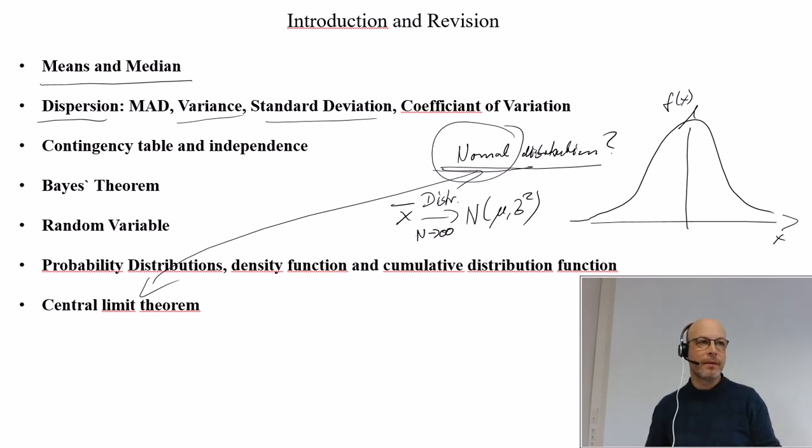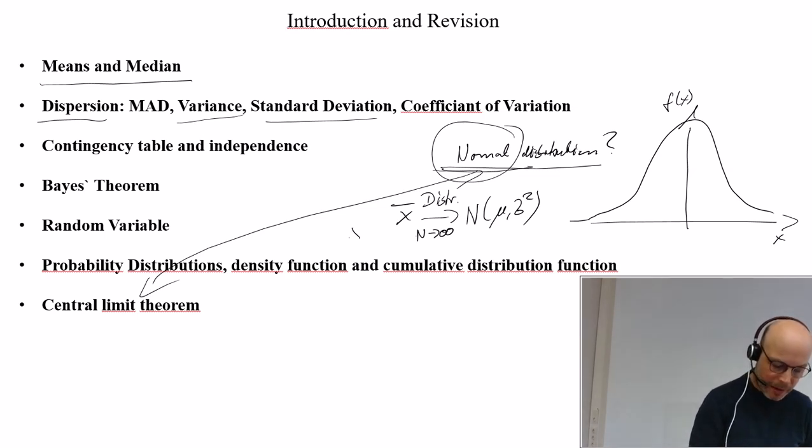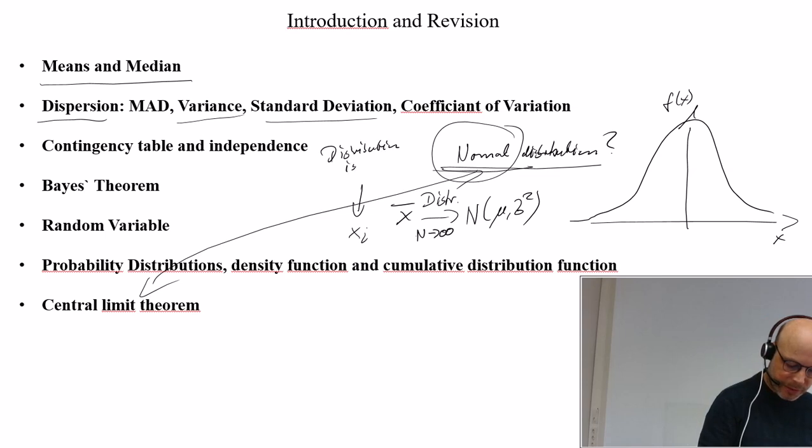then we can say that although we don't know how our xi are distributed, so here the distribution is unknown.